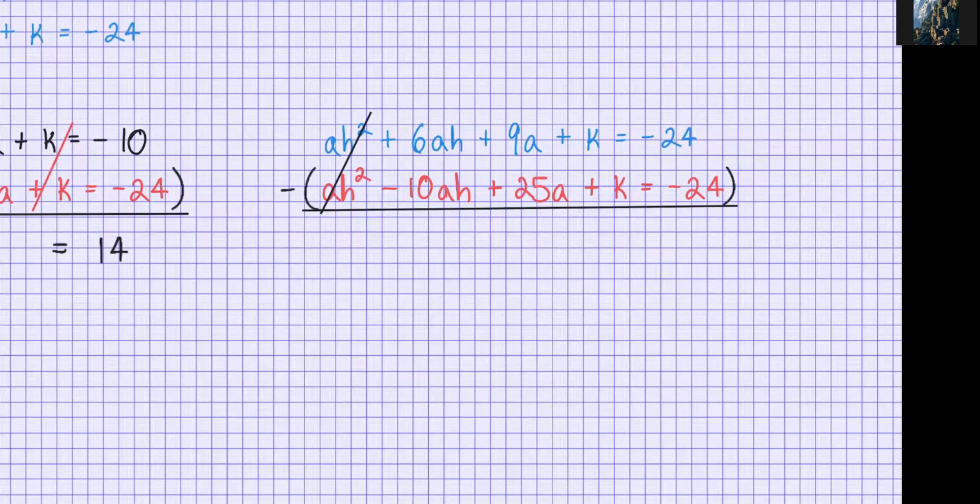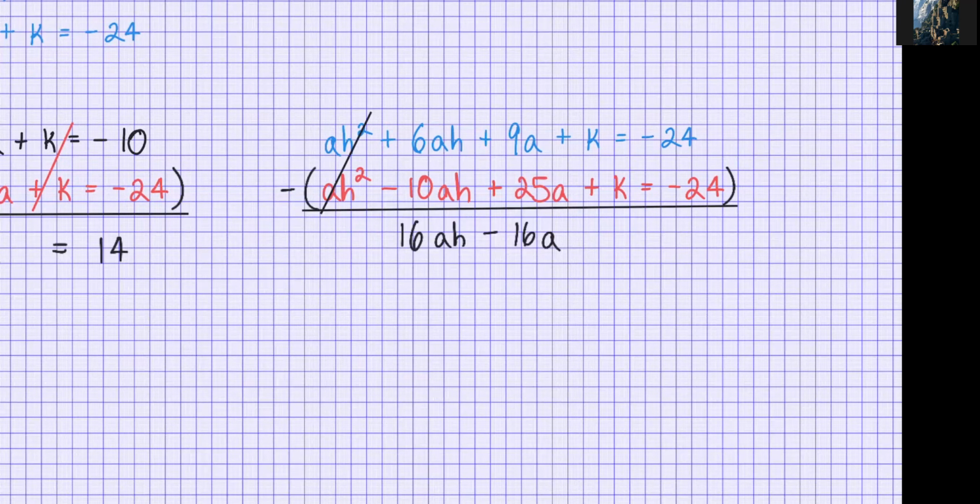Then I have 6 minus negative 10. This will be 16h. Then I have 9a minus 25a, which will be negative 16a.